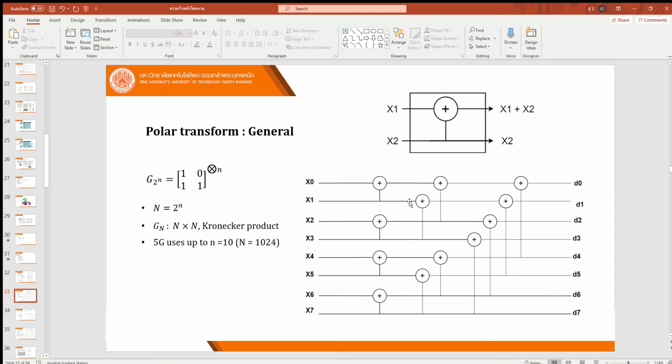Then you do exclusive OR again between x0 and x2, and x0 and x4, and then x1 and x3, x1 and x5, x2 and x3, x2 and x6, like this. So you exclusive OR all together, and with everything exclusive ORed, you get D0 to D7.